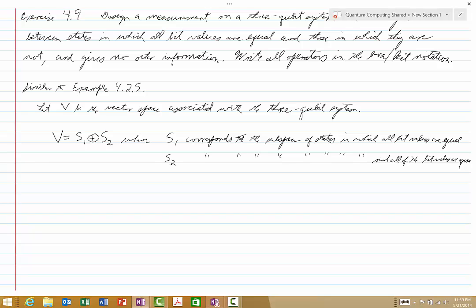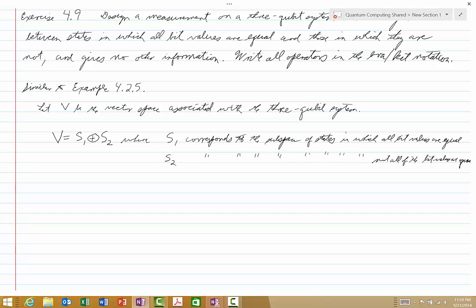Now, the first step that we want to take after making this identification that we're going to write V as a direct sum of these two subspaces is to find a basis for each subspace. So I want at this point to stop for a moment.